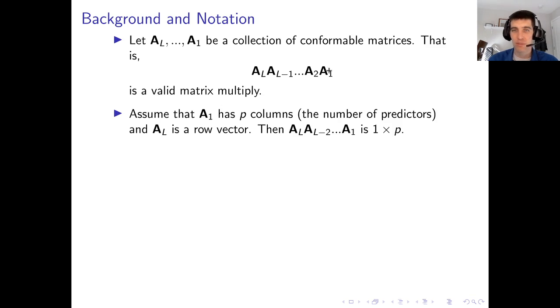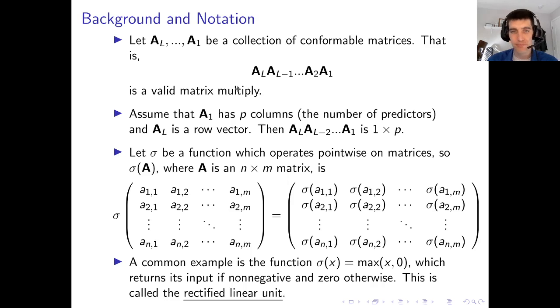What this allows me to do is, when I multiply all these together, if A_1 is however many rows by P, and A_L is a row vector, meaning it has one row and we don't know how many columns, then the result of this matrix multiply is 1 by P. So that's going to be my assumption on A_1 and A_L. The shape of this output is important.